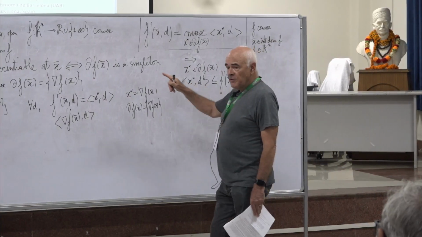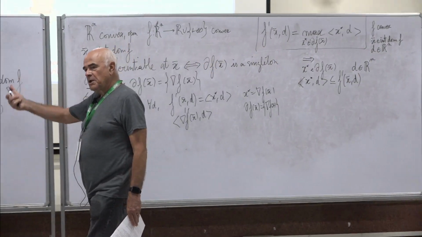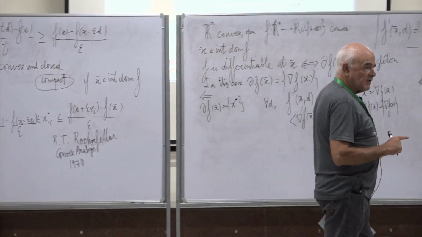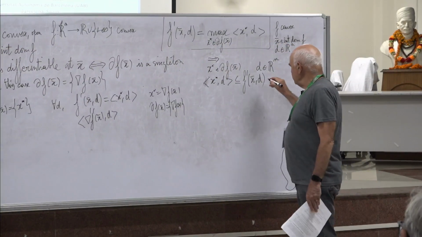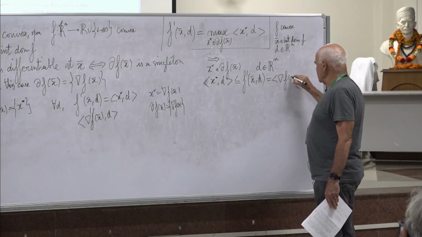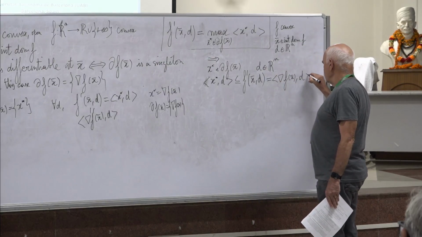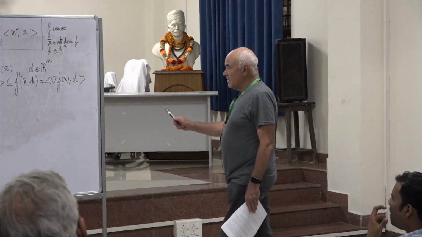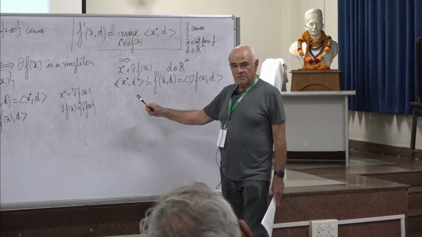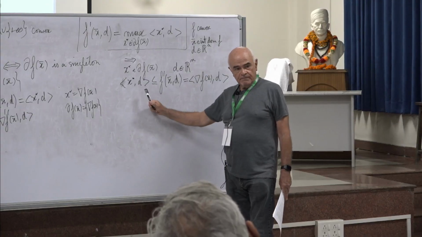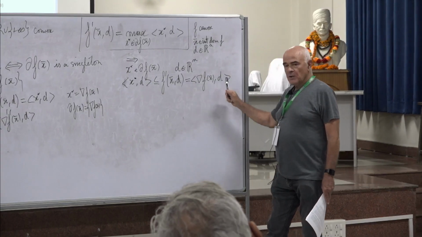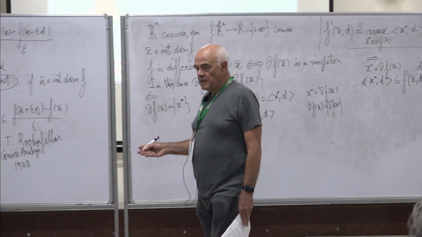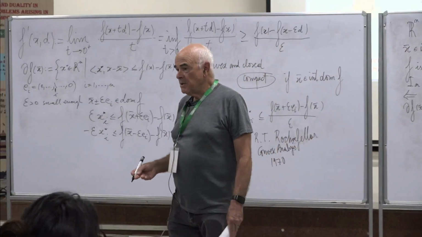But we are now assuming Fréchet differentiability, which implies Gateaux differentiability, which means that this directional derivative is simply the gradient times d. And this is true for every d. So we have two linear functions of d, x star d and the gradient times d. And one is everywhere smaller than or equal to the other. Then they must be the same.